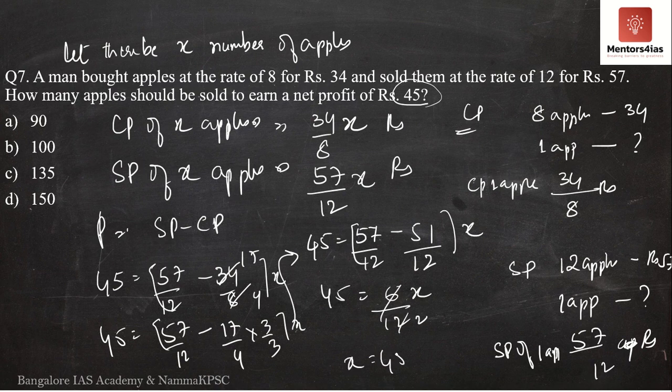Therefore, X is 45 into 2, which is equal to 90. Therefore, the correct answer is 90. The correct option is option A.